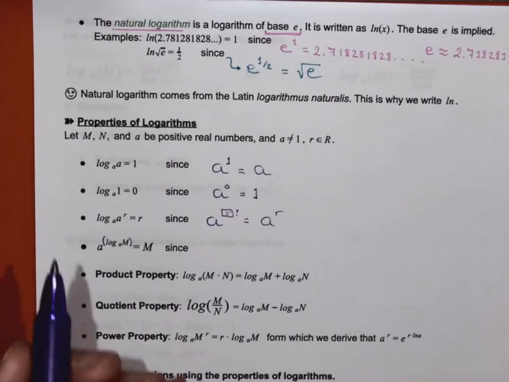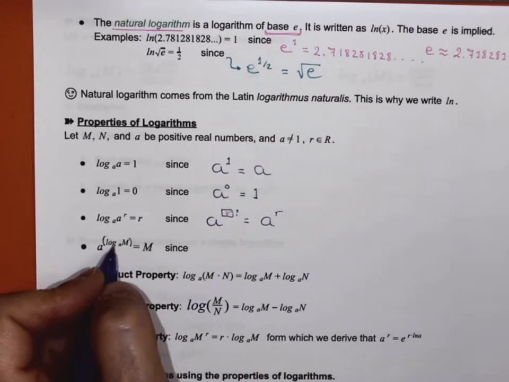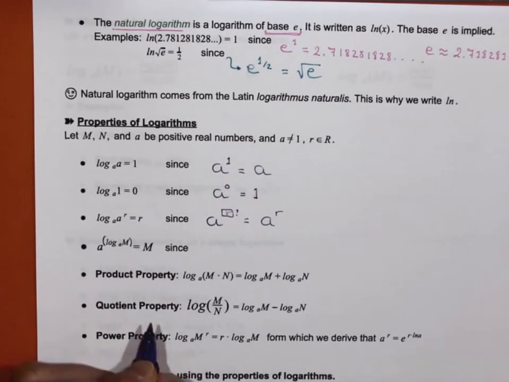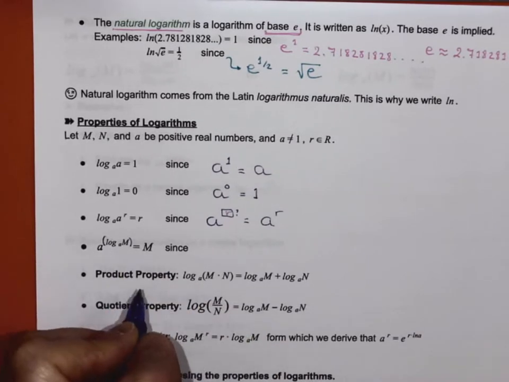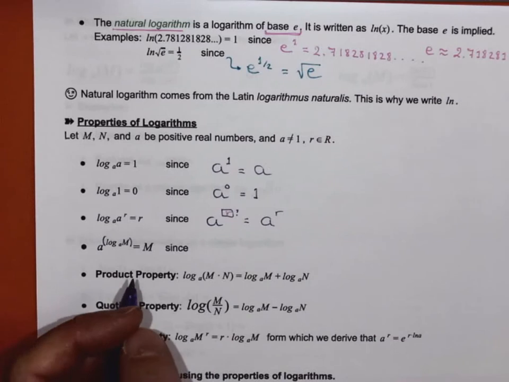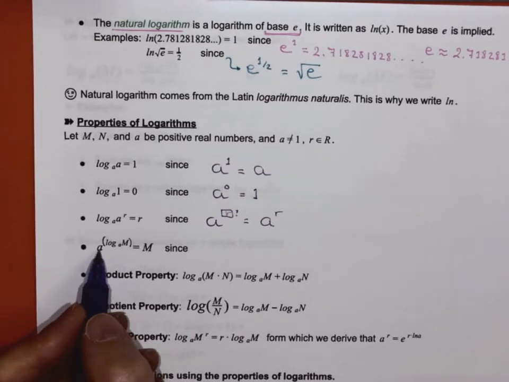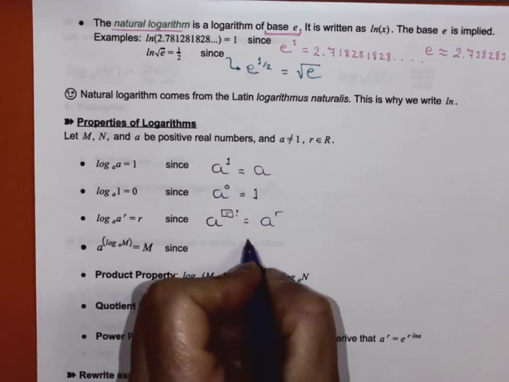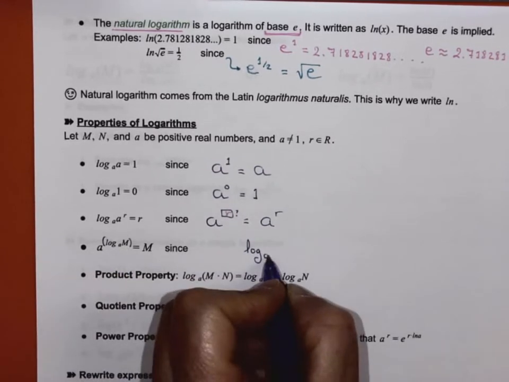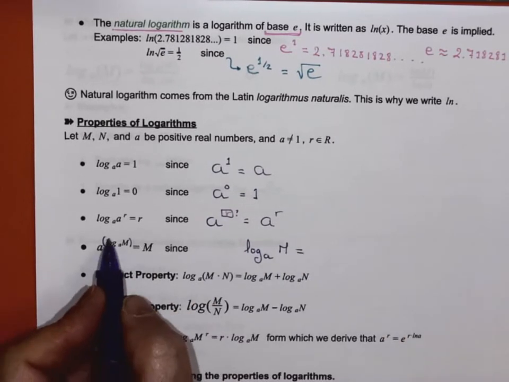Same thing here. We don't multiply here, but the exponential to that same logarithm with the same base is going to just be m. And that is because, I forgot how I wanted to write that, guys. That's going to be because I switch to log the base here, so I'm going to have a log base a of m is going to be equal to the exponent here, right?